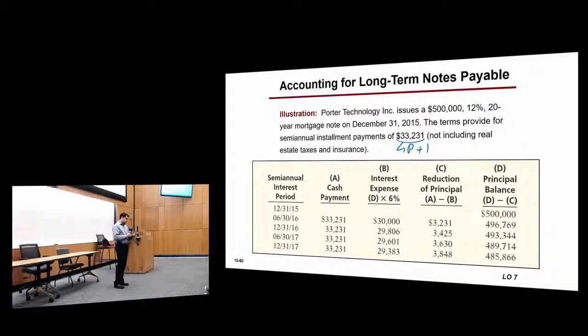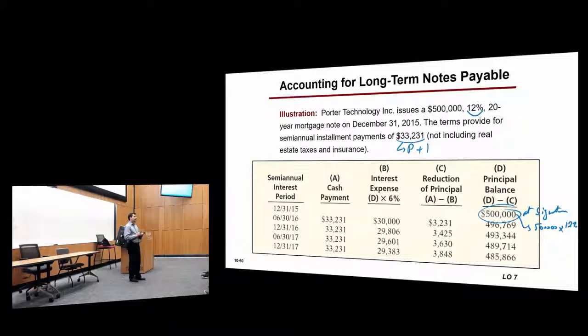The original amount is at signature, when the note payable was signed. How do you calculate interest expense? You multiply the 500,000 face value by the interest rate, which is 12%.